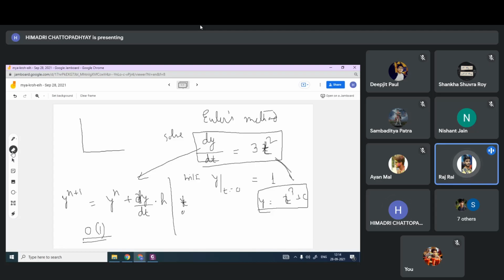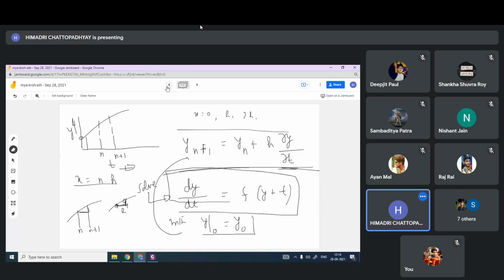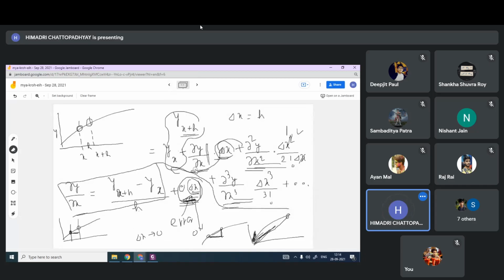Sir, what is meant by first order accurate? Could you explain? First order accuracy, as I said, comes from the Taylor series, where I am neglecting these terms. Here you have del y del x multiplied by delta x. If you want del y del x, you divide by delta x.